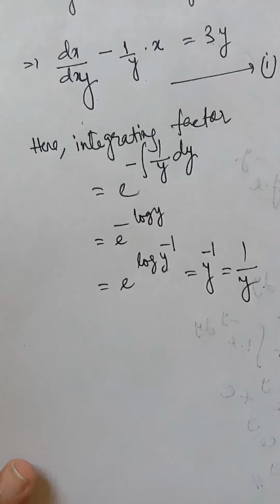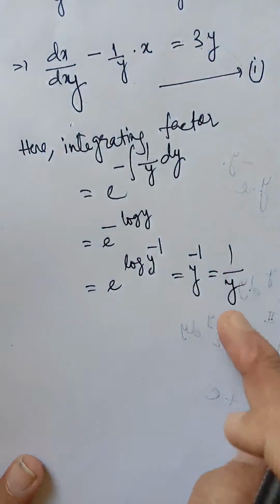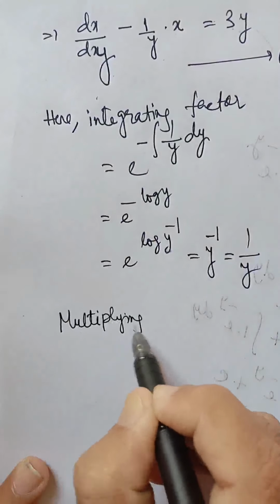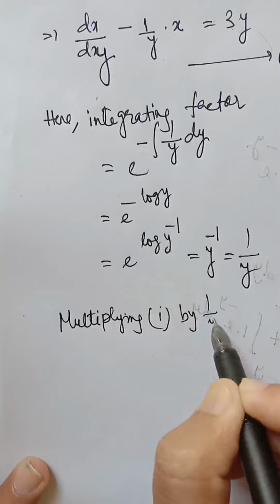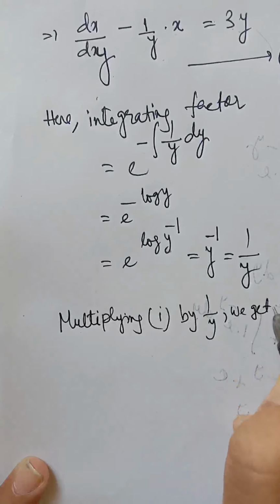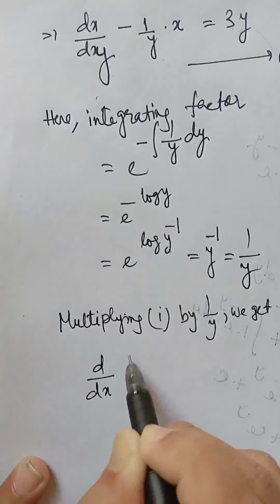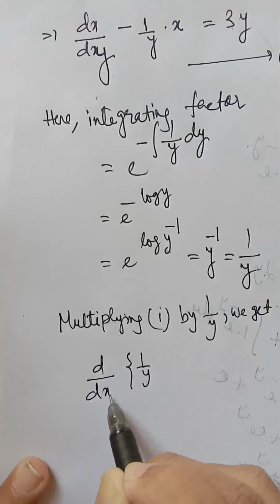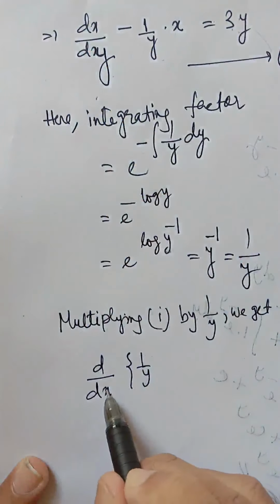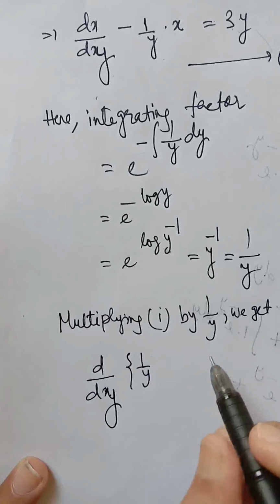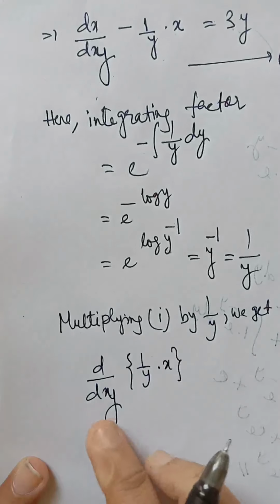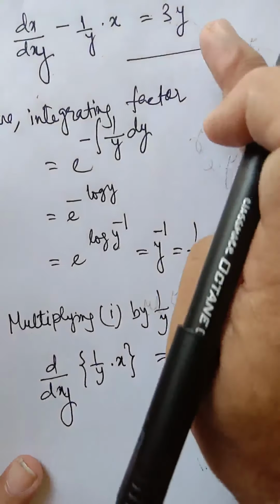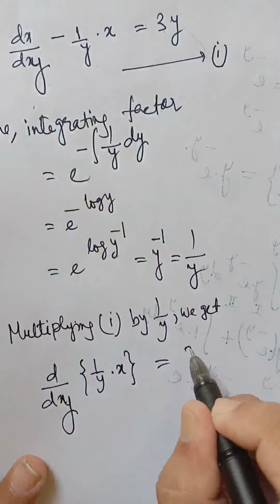Okay, now multiplying by the integrating factor, that is 1 by y, we get d/dy of the integrating factor into x, and the right hand side, if we multiply by 1 by y, will become 3.